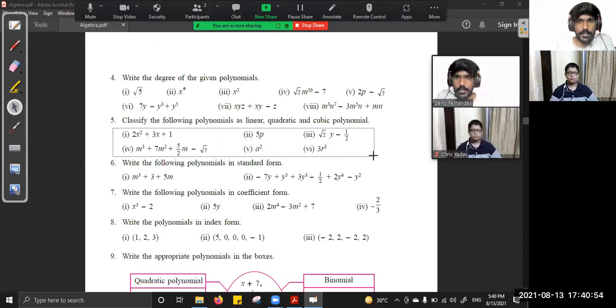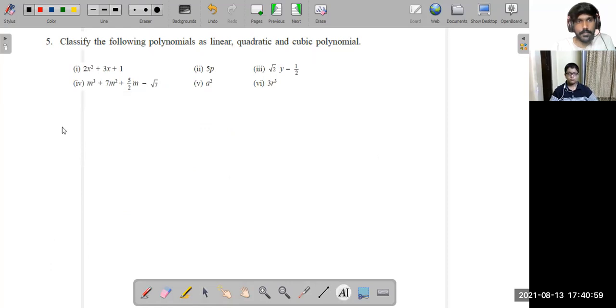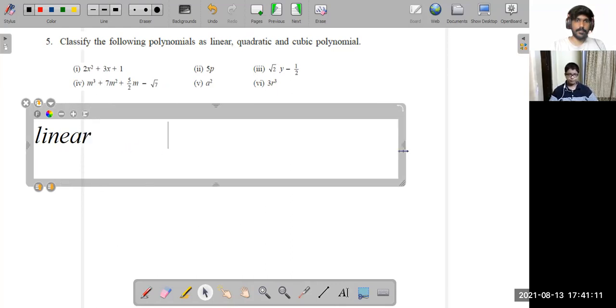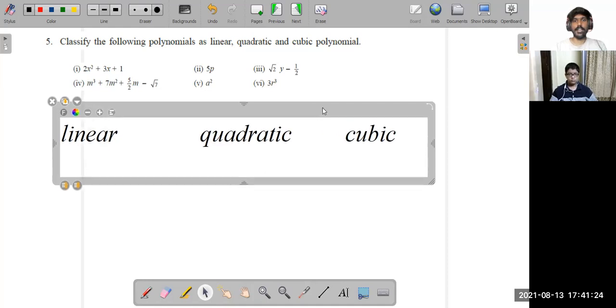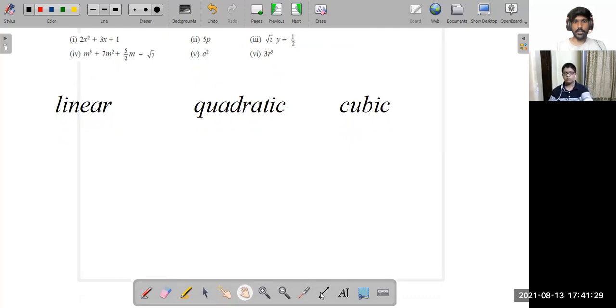Let's classify. We classify it like this: linear, quadratic, cubic.